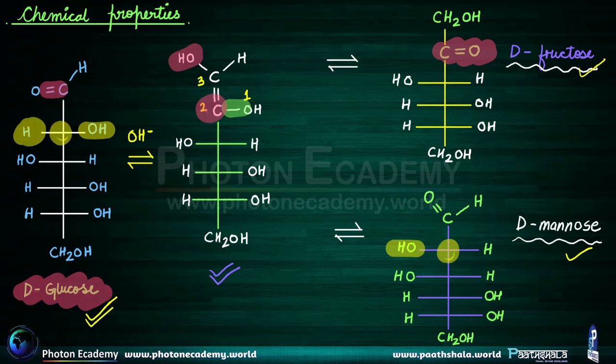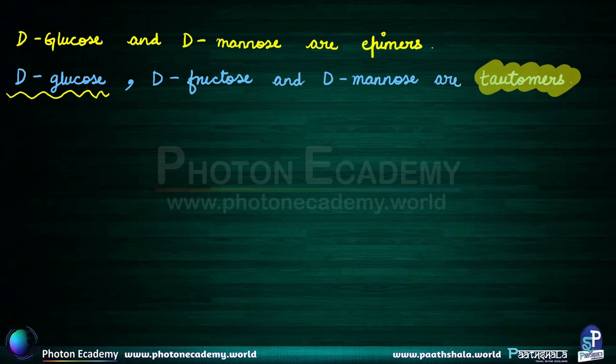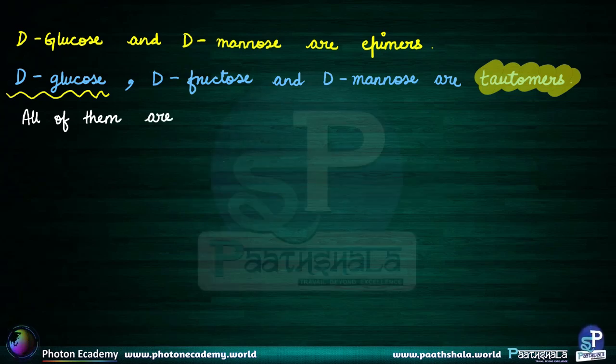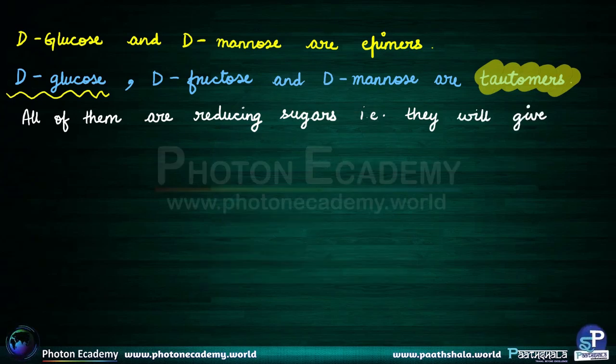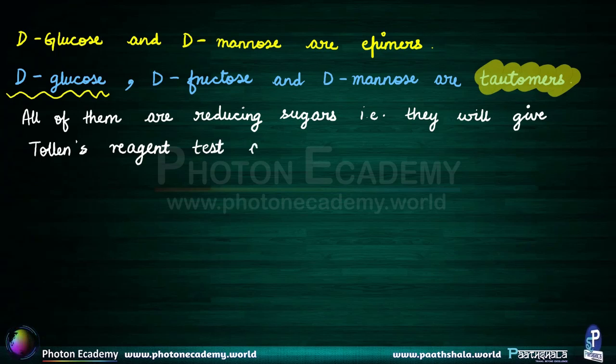Okay. So what we are going to write here is that if you put them in a category, they are all reducing sugars. That is, they will give the Tollens reagent test and Fehling solution test.